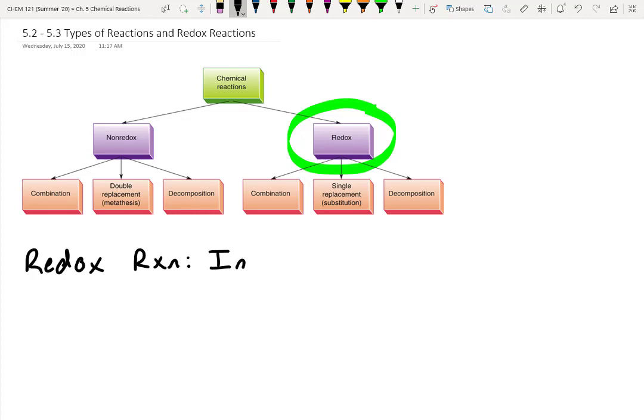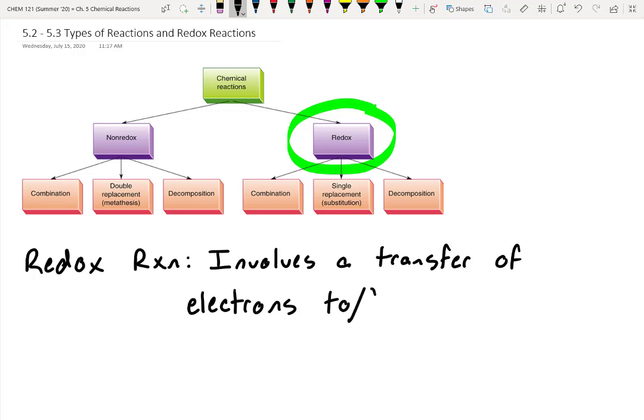So let's write this down. It involves a transfer of electrons to or from, because there's going to be a receiver and a giver, an atom, molecule, or ion.